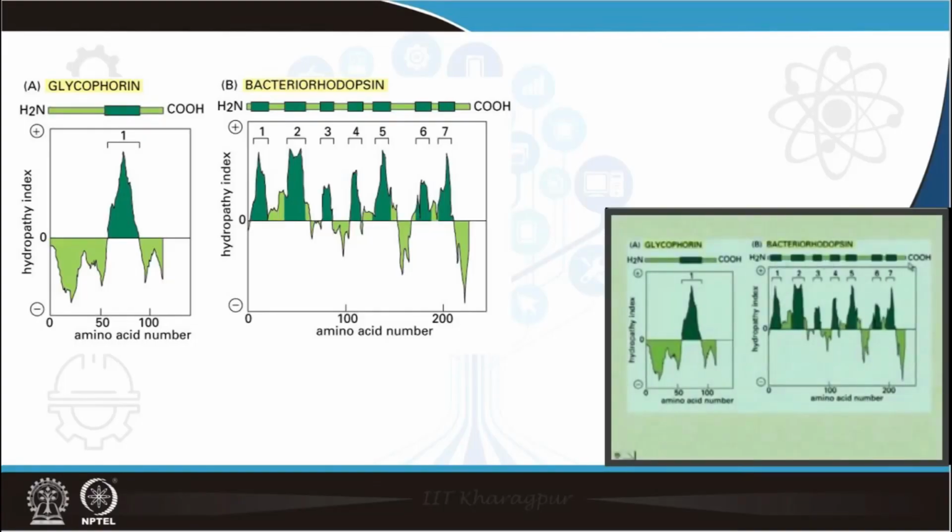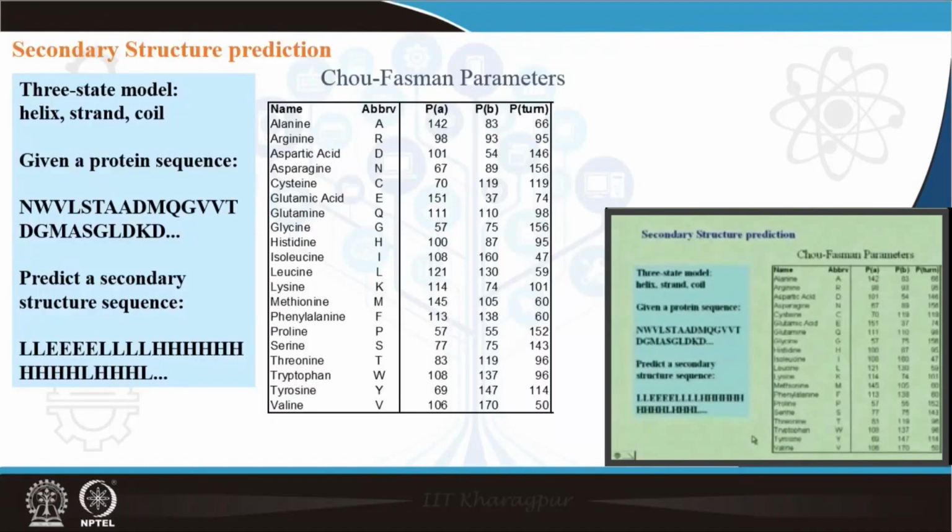Now, if we are looking at the sequence and I know from the hydrophobicity indices where I have a hydrophobic region, I can safely say that this hydrophobic region is going to form part of the core of the protein, right? But in this case, when we're talking about transmembrane segments, these are the regions that traverse the membrane.